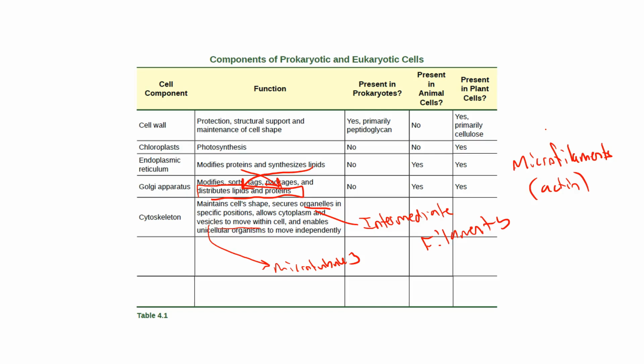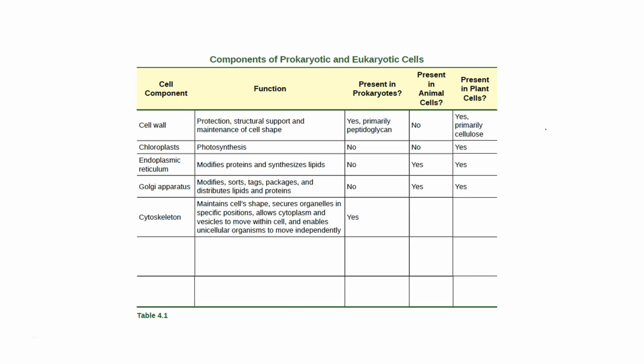And it's also going to be a way that some organelles can actually attach to that actin and enable movement. So that's the cytoskeleton. You do find these in prokaryotes. They are in animal cells, and they are found in plant cells. So cytoskeleton is something that's found in almost nearly all cells.